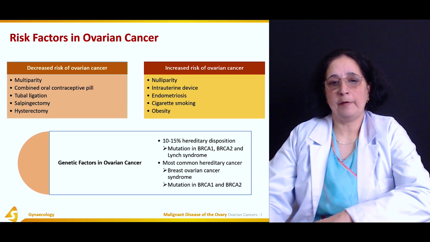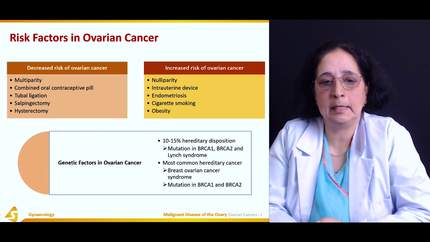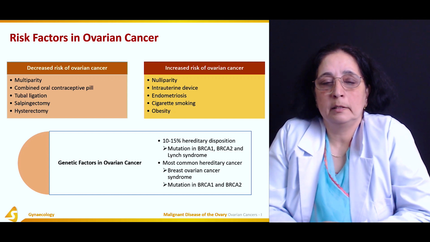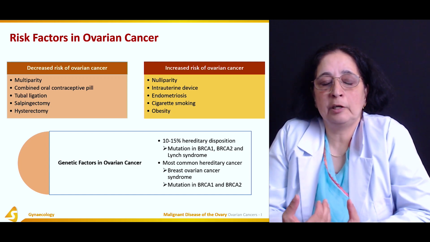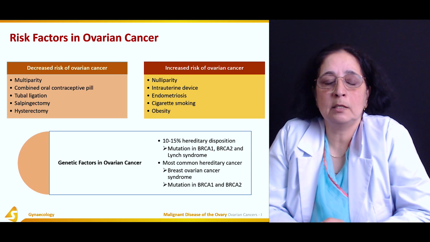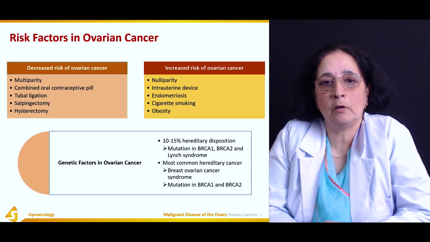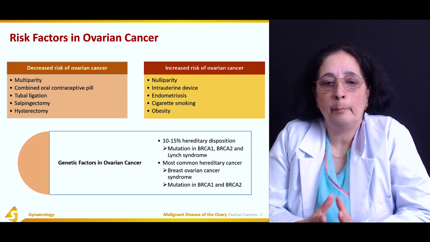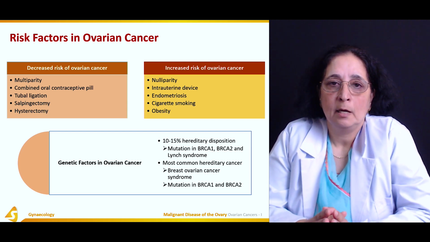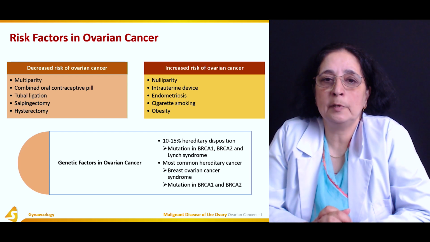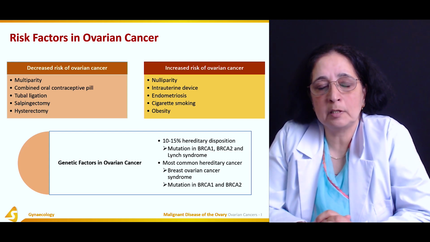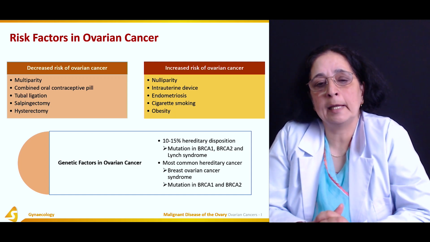Now, some risk factors of ovarian cancer. Some factors decrease the chances, or decrease the risk, of ovarian cancer. One is multiparity. Females who have multiple gestations are at decreased risk of developing ovarian cancer.